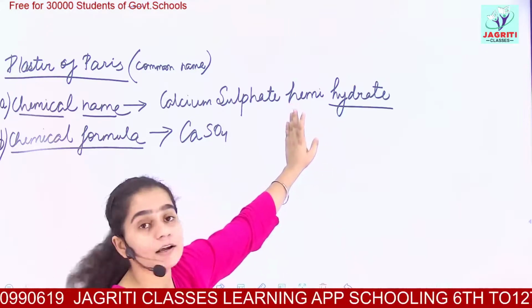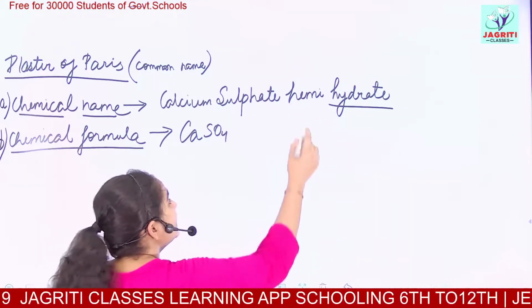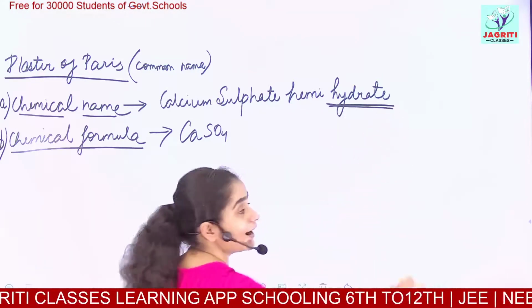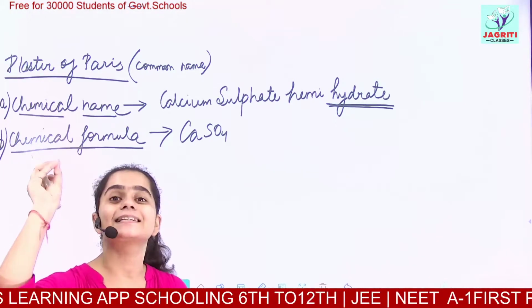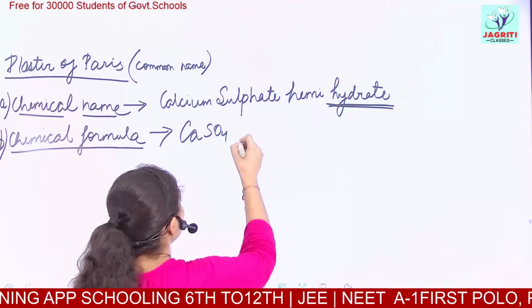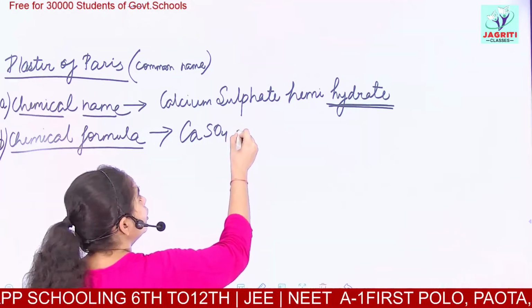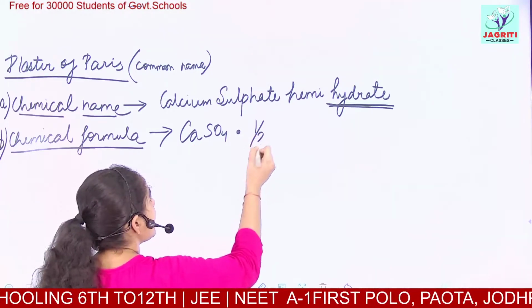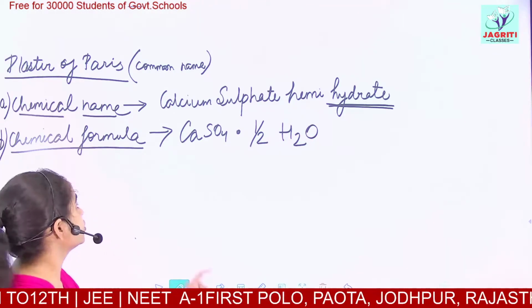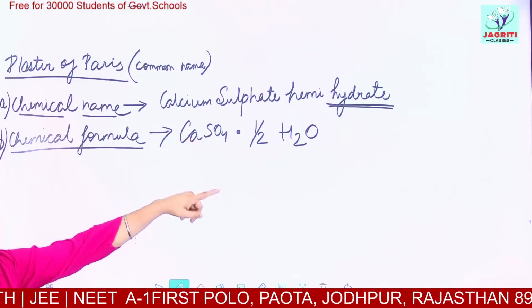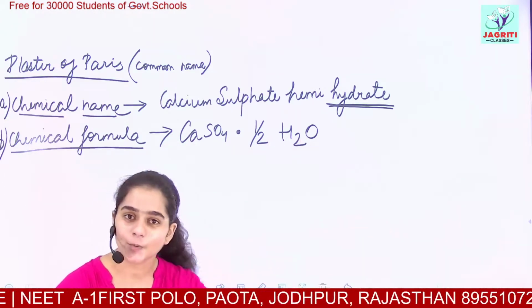So hemi here also represents half. And half what? The hydrated form means water molecules attached to the compound as crystalline water. So we have CaSO4 dot. Hemi means half, and for the hydrated term we add our water. So the formula becomes CaSO4 dot half H2O.